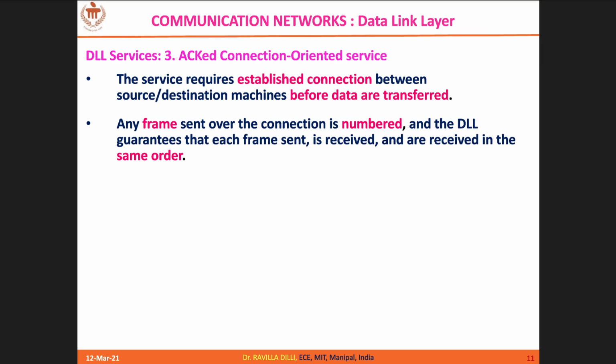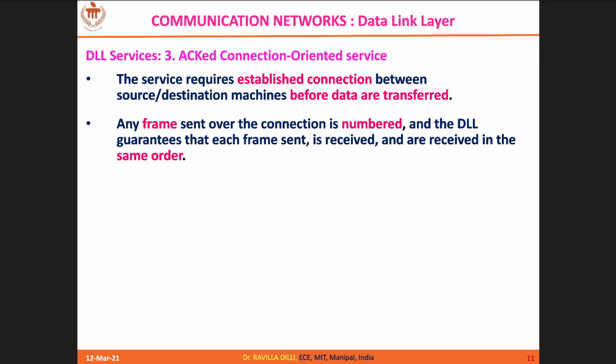See what happens when you play with acknowledgement based services: whatever frame you transmit, you get ACKs, right? So what happens if the ACK is lost? ACK means acknowledgement, which comes from the receiver.